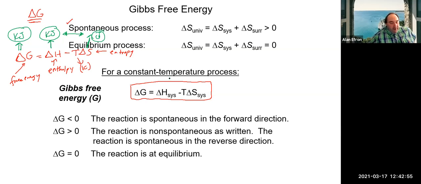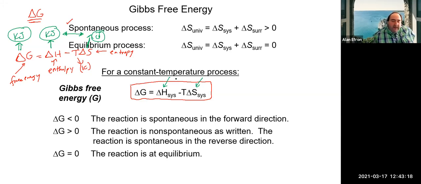So in this type of problem, if you were given a delta H value and a delta S value, this is probably the way you should calculate delta G. If you weren't given that information, we'll see a couple of other ways you could calculate it, but you want to think about what's given to you to decide what formula to use.